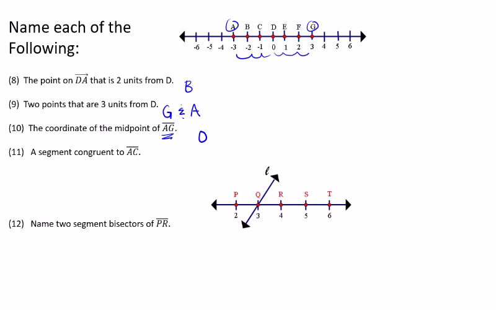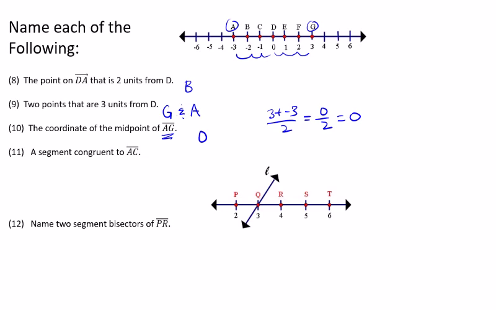That would be the coordinate of the midpoint, but we can also do our midpoint formula, 3 plus -3 divided by 2, which would just be 0 divided by 2, which is 0. Or we could find the length, which would be 6, 3 minus -3, and then take half of that, which would be 3, and go 3 from either endpoint towards the other, and we'd get 0 as well.